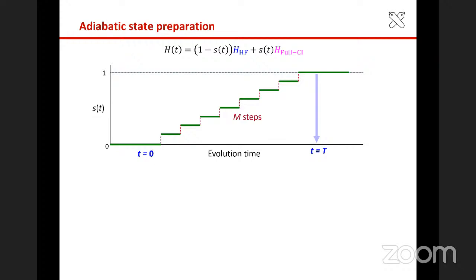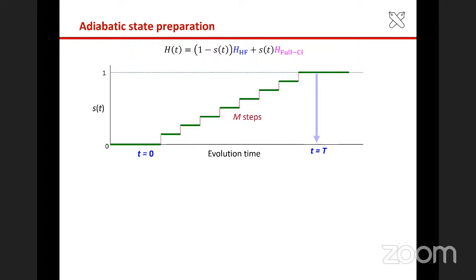An important thing is that in adiabatic state preparation, we can obtain the correlated wave function as an output without performing any quantum measurement. So in the case of VQE, we can check if the wave function is closer to the exact wave function or not by calculating the total energies, because there is a variational principle: lower energy means that the wave function is more accurate.